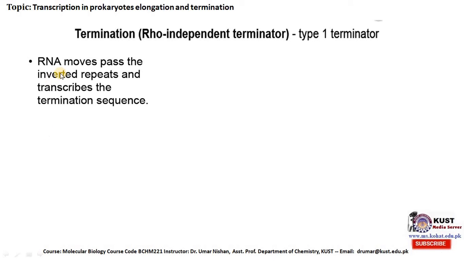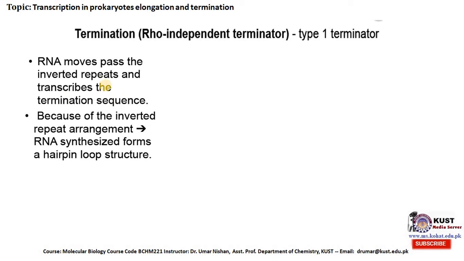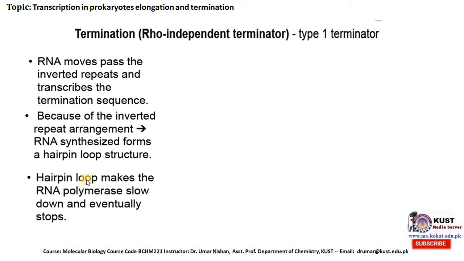Now RNA moves past the inverted repeats and transcribes the termination sequence. Because of the inverted repeat arrangement, RNA synthesized forms a hairpin loop structure. Hairpin loop makes the RNA polymerase slow down and eventually stops.